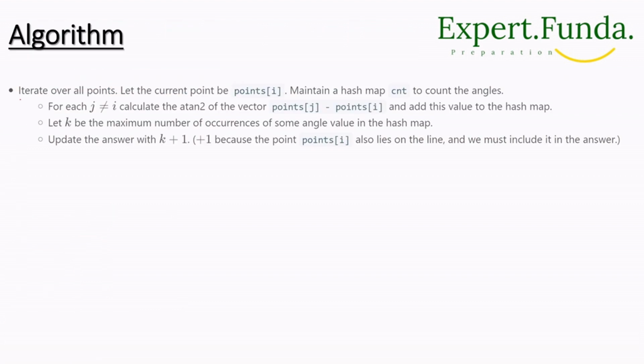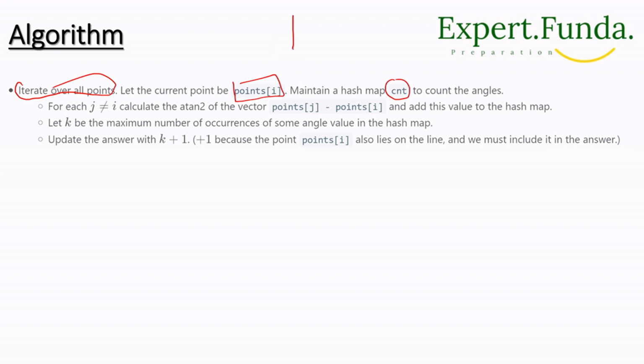So how will we implement this? The algorithm says to iterate over all the points. The current point is points[i], and we maintain a hash map to count all the angles.